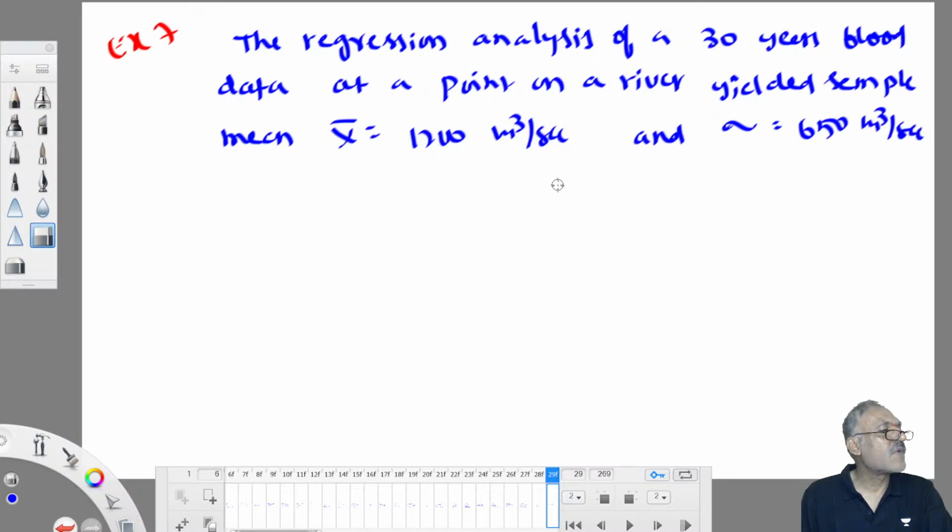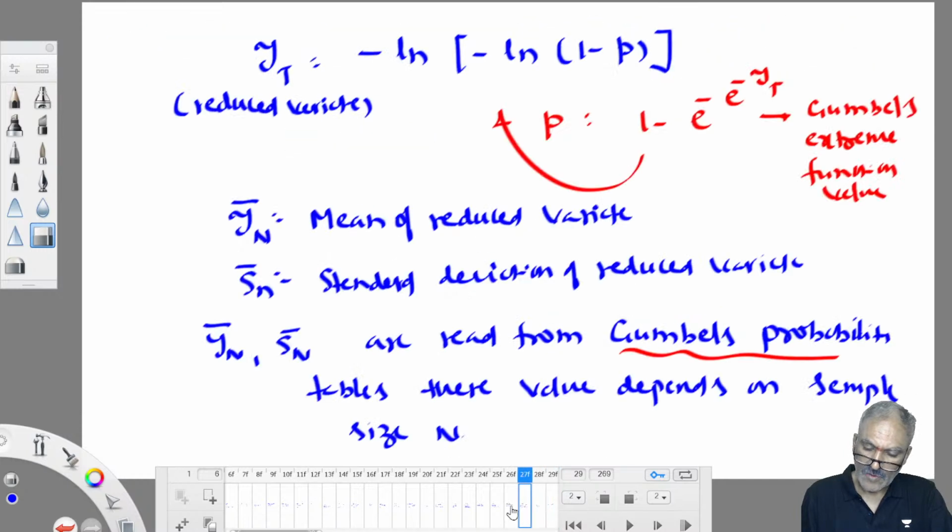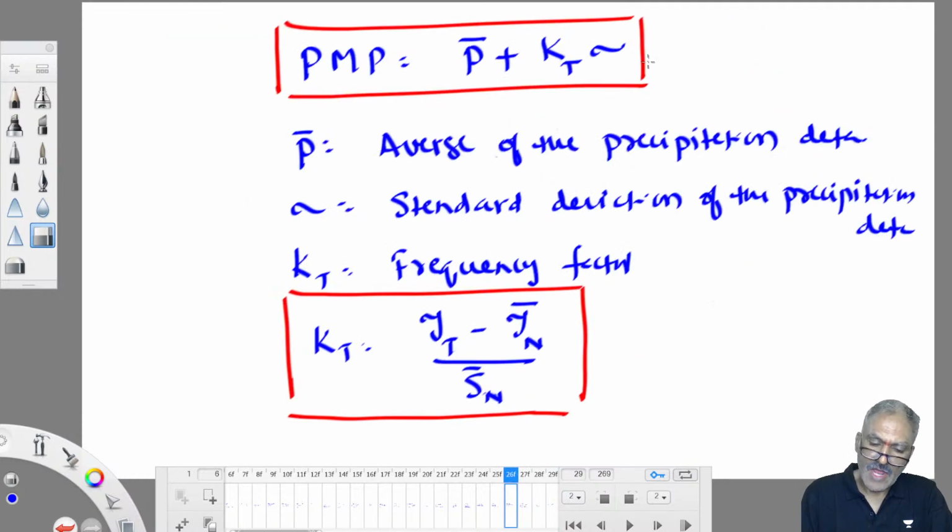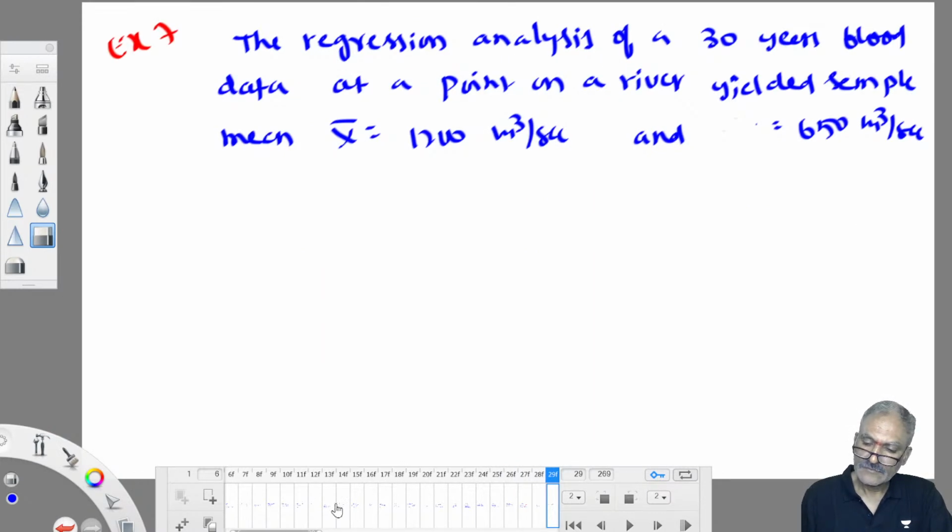Of course, he has given Sx, but we took it as sigma. Probable maximum flood means it is x bar plus KT into sigma. So he has given Sx. Whatever symbols he uses, it doesn't make any difference.